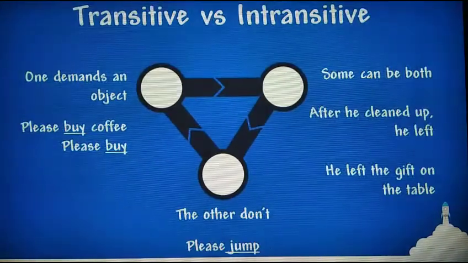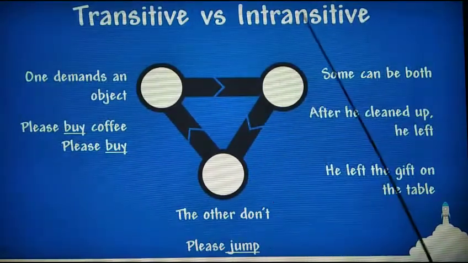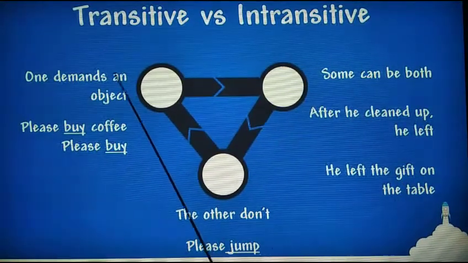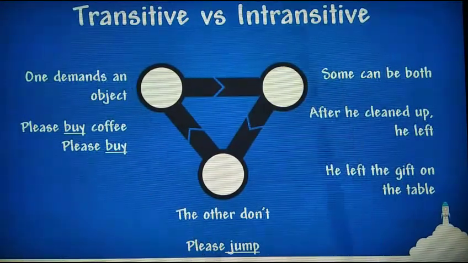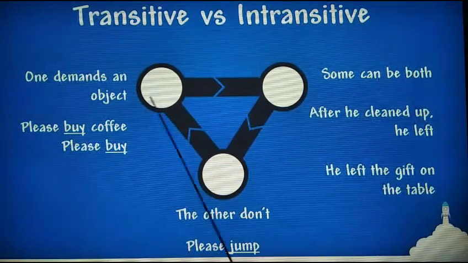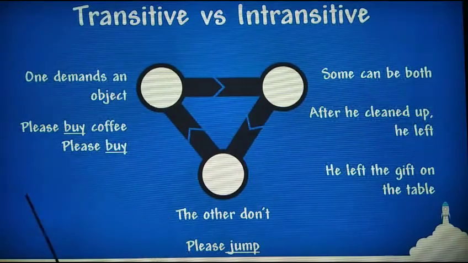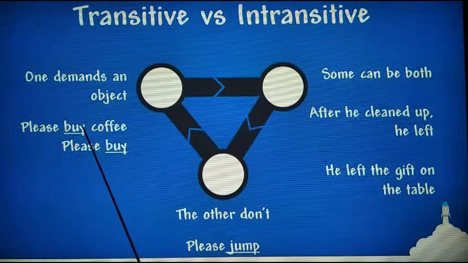The difference between transitive and intransitive is this. One demands an object that receives the action, and the meaning of the sentence is not complete without this object. For example, please buy coffee.